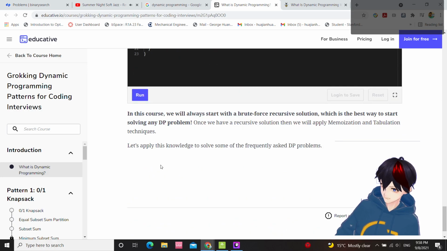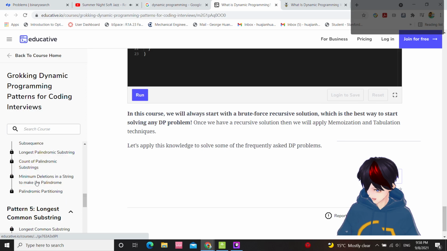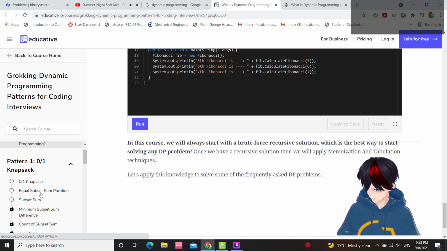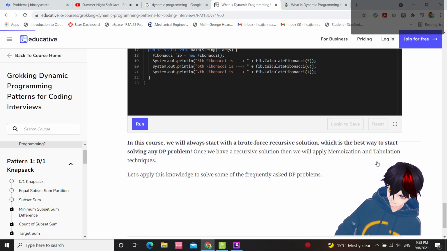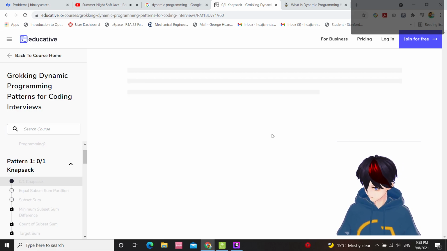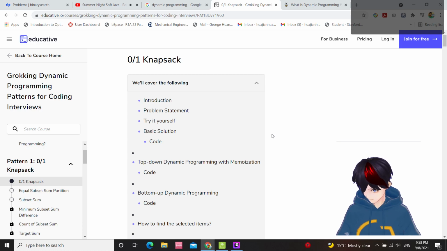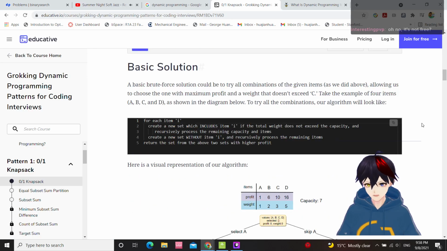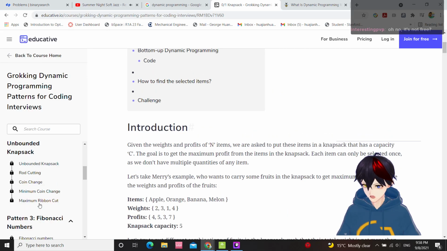Okay. Can you unlock it? Looks to be okay. I think you're just not unlocked.